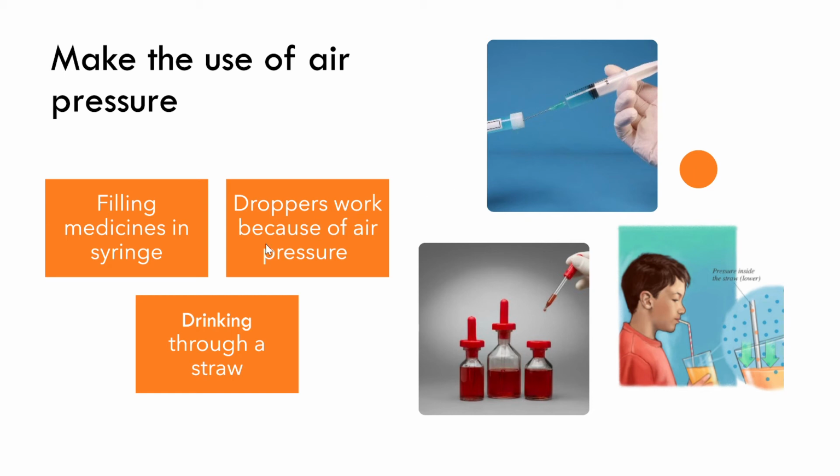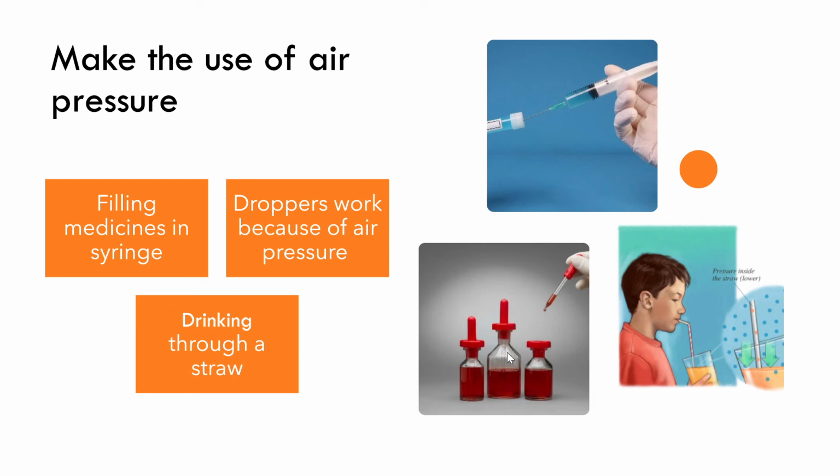Next, droppers work because of air pressure. Suppose you take a dropper. At first, what will you do? Press the rubber bulb. Air is passed out of the dropper, making the area low pressure. There will be no air.